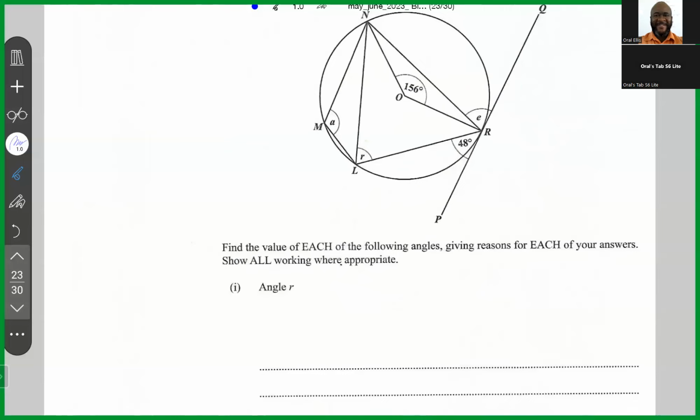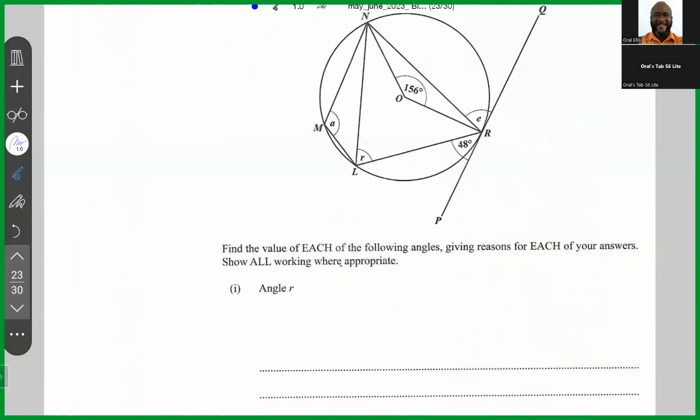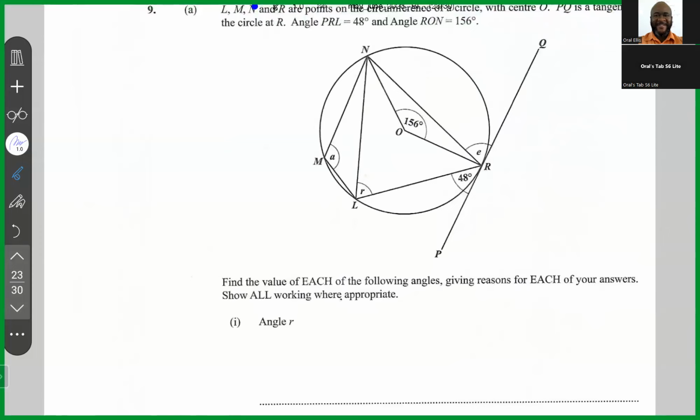The first angle is angle R. Now, angle R is equal to 156 divided by 2. It's equal to 78 degrees.